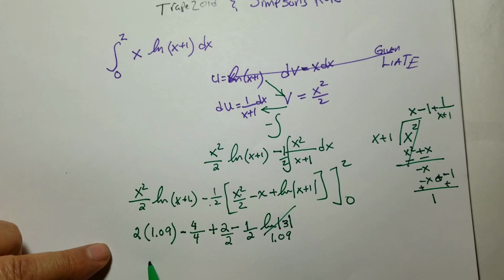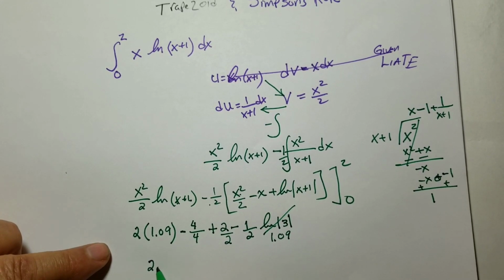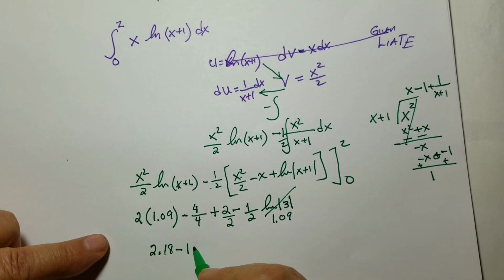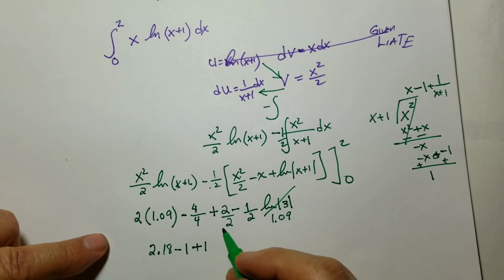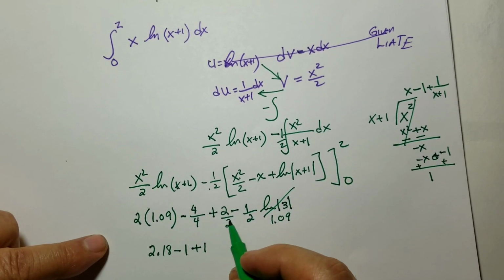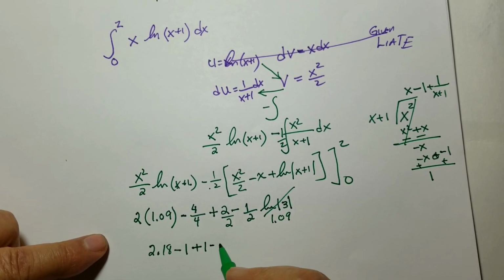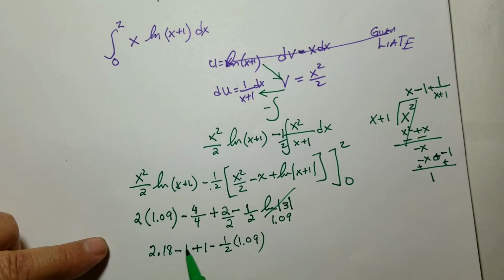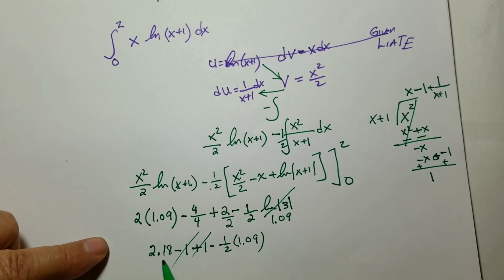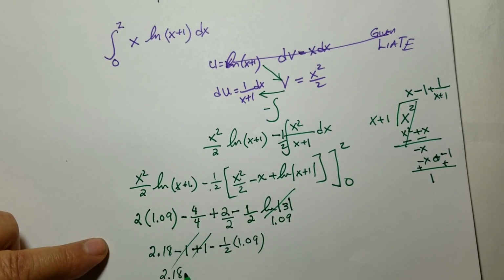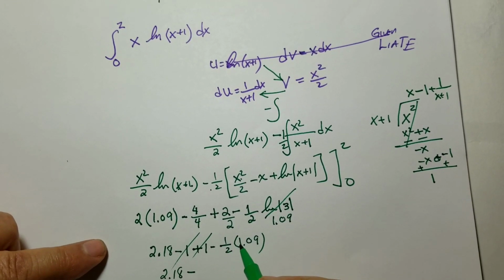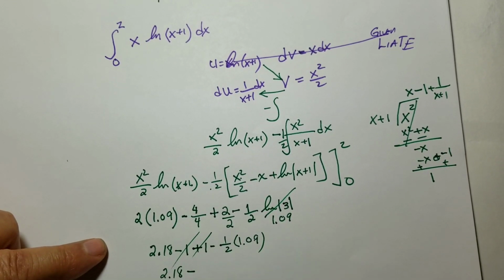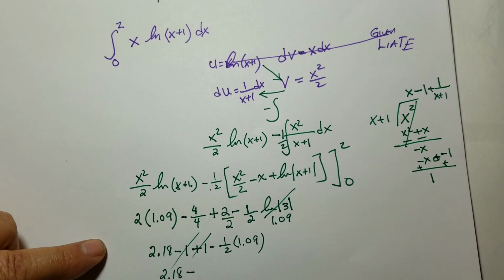Therefore, you have 2.18 minus a 1 plus a 1 and minus 1/2 times 1.09. These cancel out. That's 2.18. Half of a 9 is 4.5.